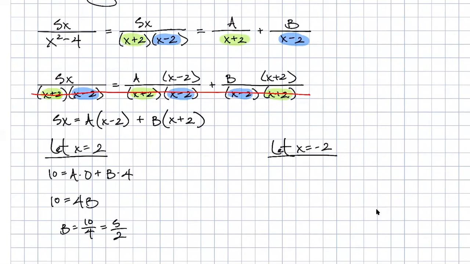And if I do the same thing for x equals negative 2, I get negative 10 equals a times negative 4 plus b times 0. So I get negative 10 equals negative 4a, or a equals 10 fourths or 5 halves.